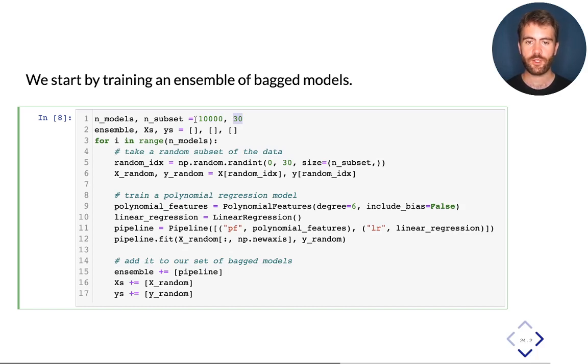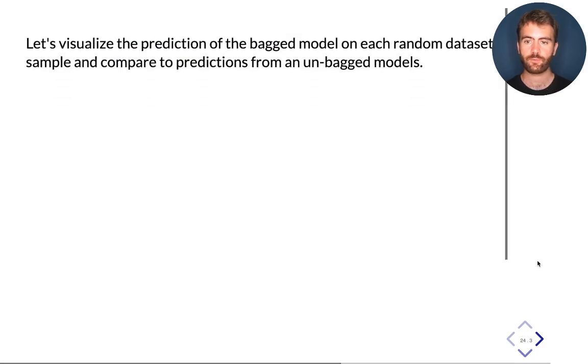And for each of them, here I'm creating a new random subset, and then I create a new polynomial regression model here, and now I fit this polynomial regression model on my new random Bootstrap sample, and then I add it to my ensemble of models. This is literally implementing the pseudocode that was in the previous slide. And now we can look at how well this performs.